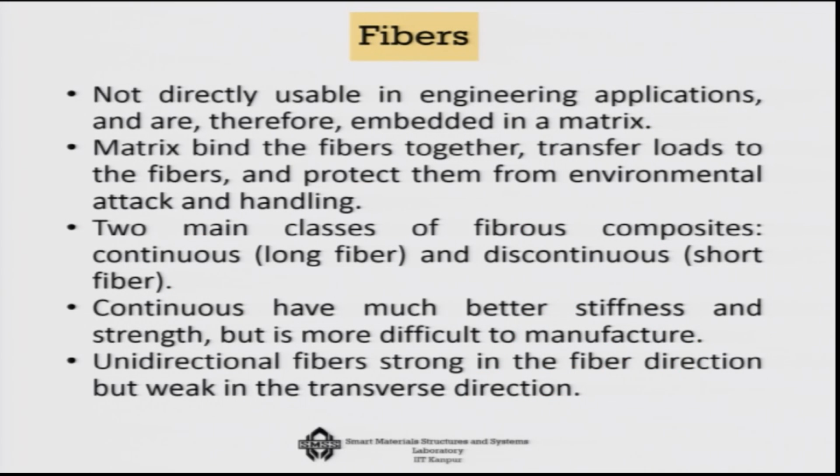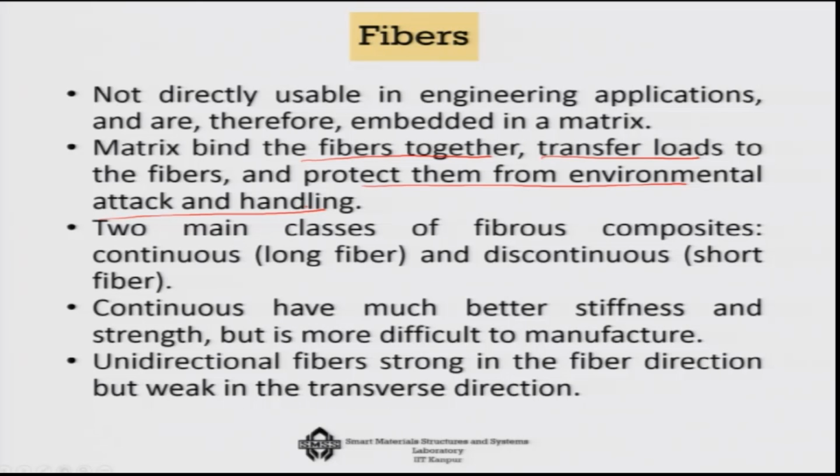Now, when we talk about the engineering composites, then we will actually talk about fibers and matrix. They are separate from each other, we form them, and the role of the fiber, as I told you, is to improve the properties of the matrix. So, matrix on the other hand bind the fibers together, it transfer loads to the fibers and protect them from environmental attack and handling.